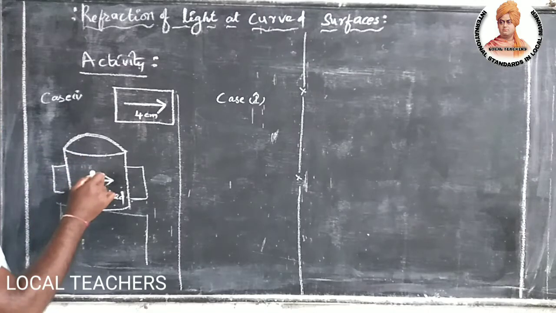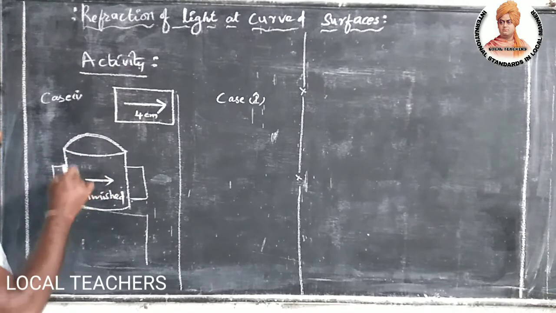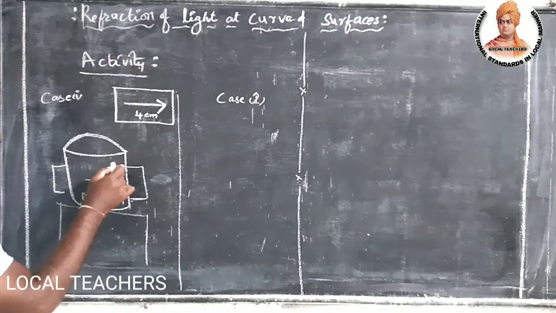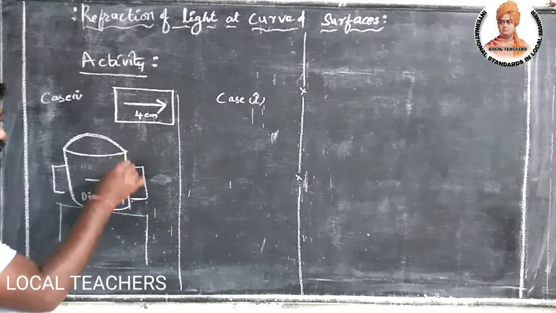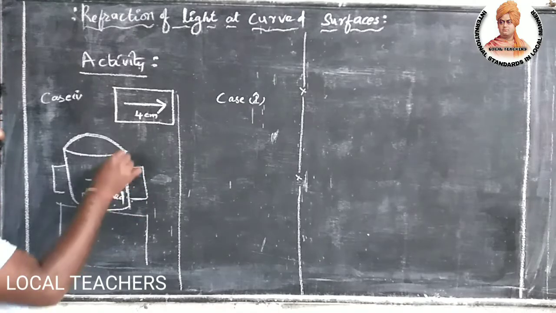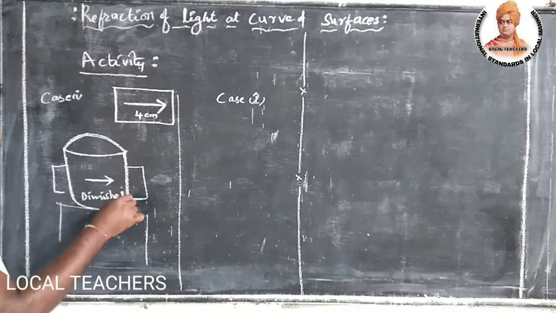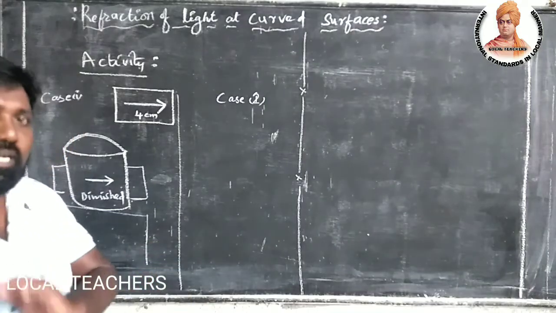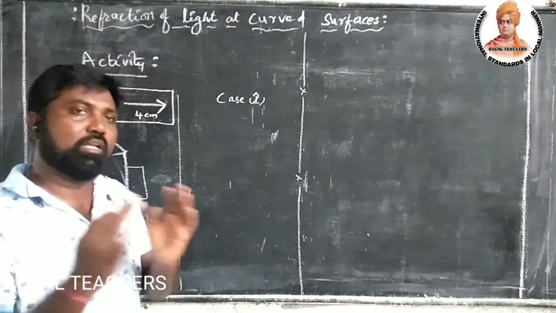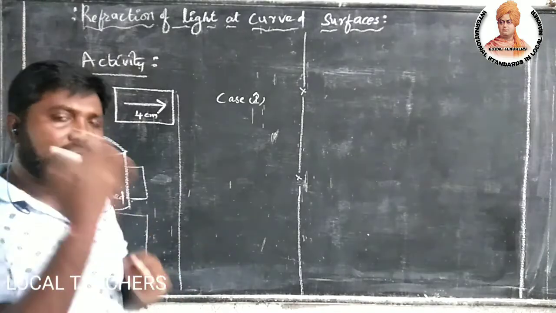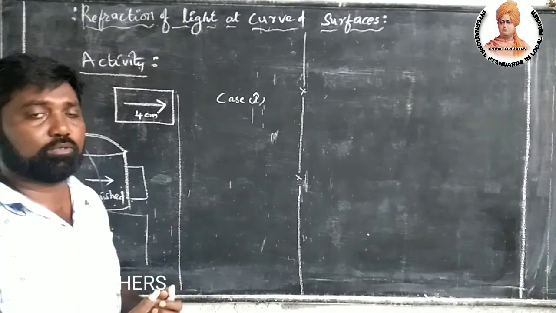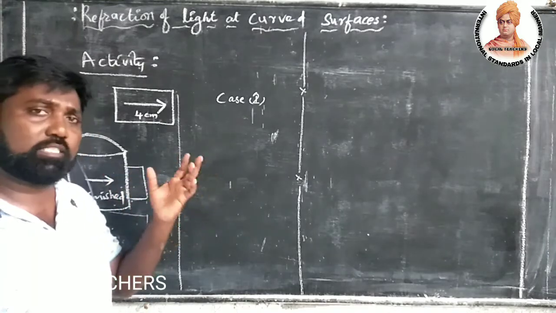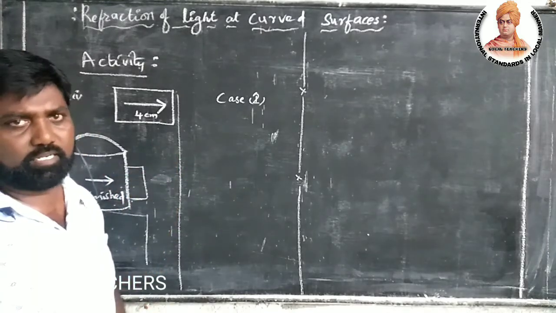Again they travel through that particular glass and enter into the air, and again they are refracted by this curved surface of the glass and reach our eye, so that the arrow seems to be diminished.